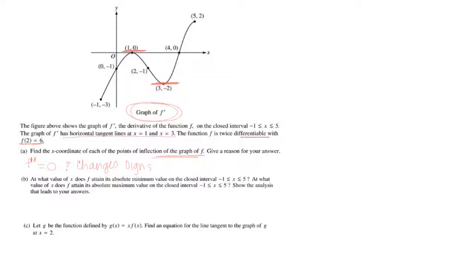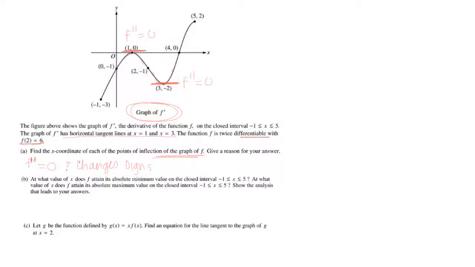Well, if this is the graph of the first derivative, then this is where the second derivative would have to be 0. And so notice we also have sign changes here because my derivative goes from increasing to decreasing and decreasing to increasing here. So here we know what we're looking for.